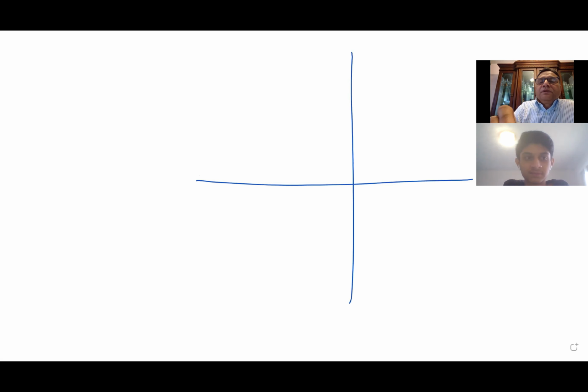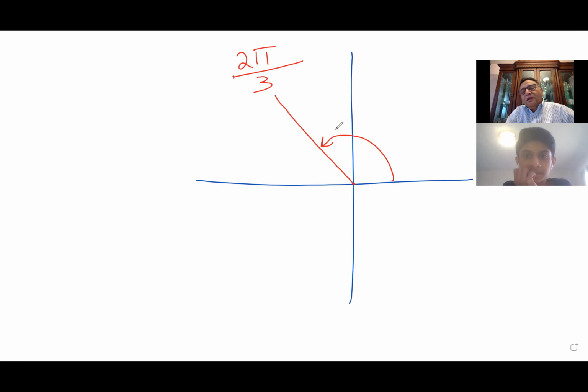So if I have, let us say, this angle here is 2 pi by 3. So we can say that sine 2 pi by 3 is equal to what?